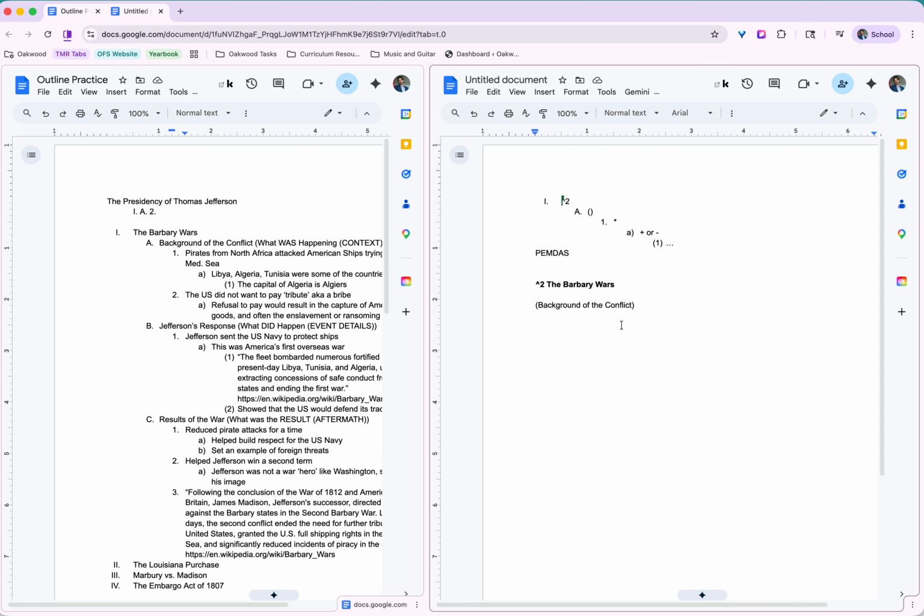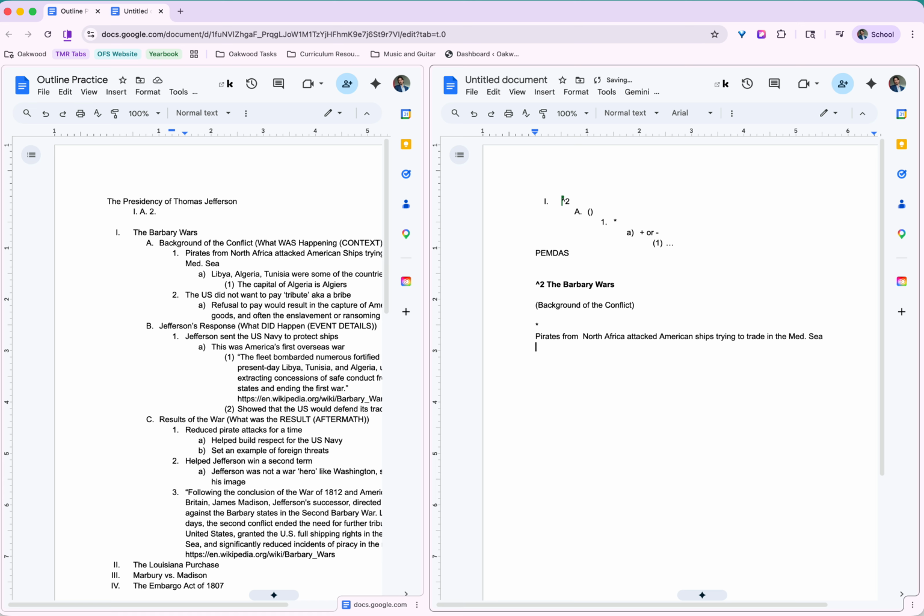So we're going to multiply our background conflict line right here by this next line that says pirates from North Africa attacked American ships, trying to trade in the Med Sea.